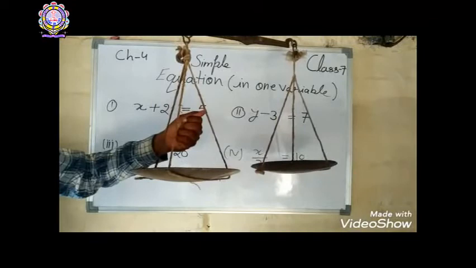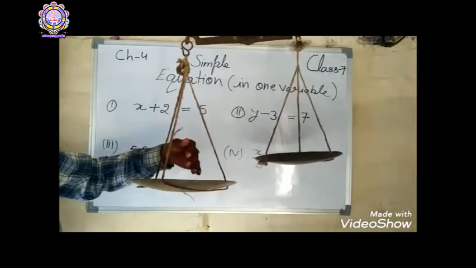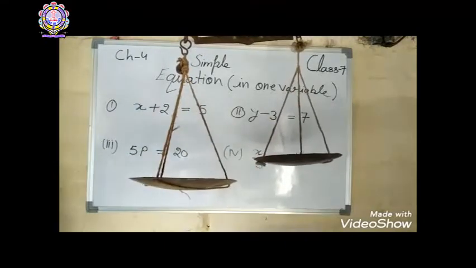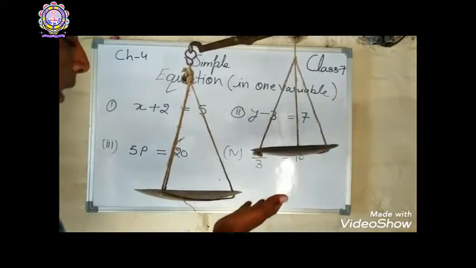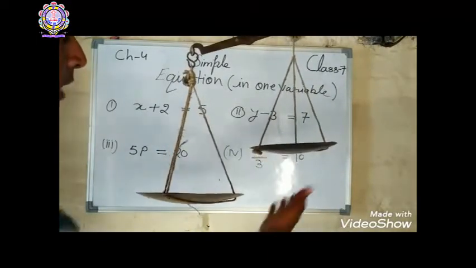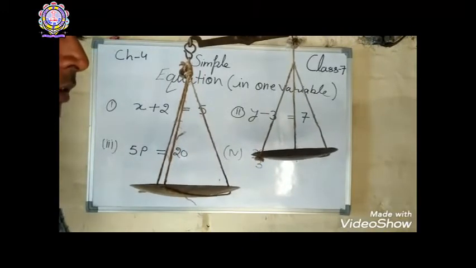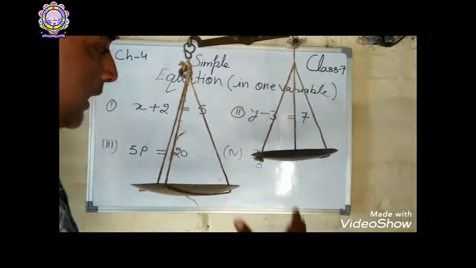If we pour more grains in one pan, what are you observing? One pan is above, another pan is down. They are not balanced to each other. Or in your own language, you say that they are not equal.